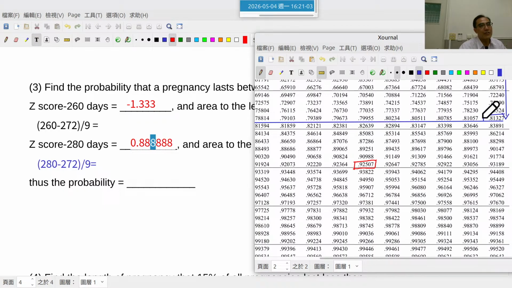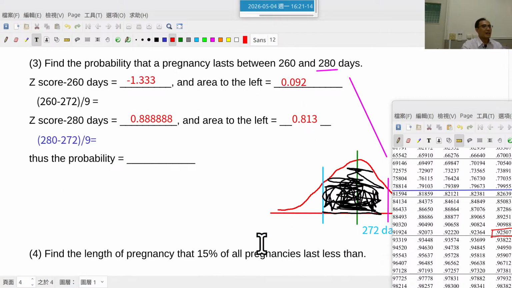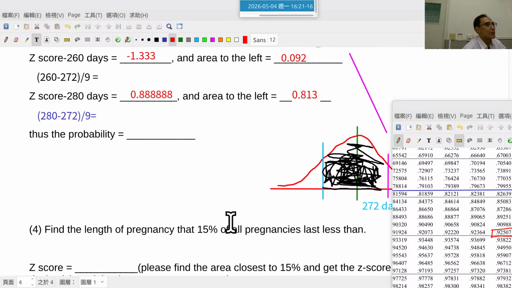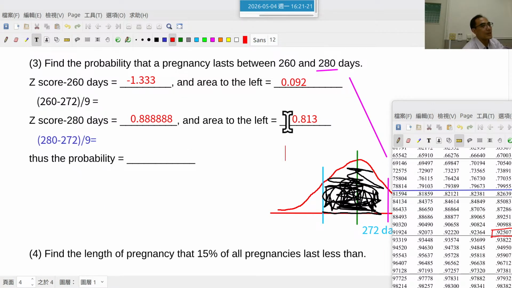The answer, 0.813. Okay, and now the question is between 260 and 280. Very clear. The area here minus the area here should be the answer. Here is the answer, okay?